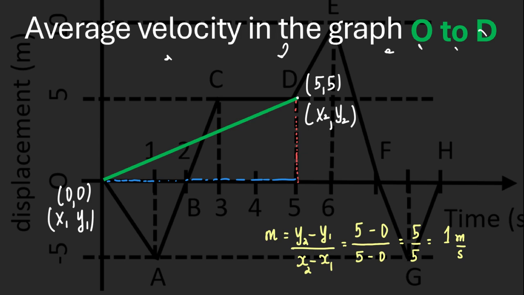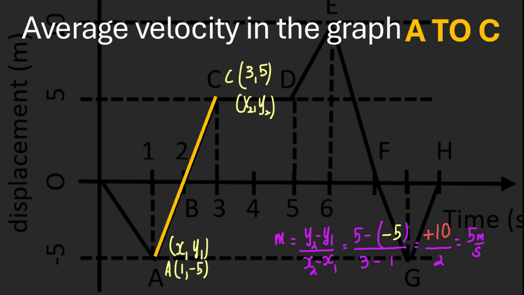Okay. Right. Now let's see another case. So this time we have average velocity from A, x1, y1 to C, x2, y2. And how would the slope look like here? Run followed by a rise. What is rise? y2 minus y1, which is 5 minus minus 5, because the coordinate here is 1, comma, minus 5.